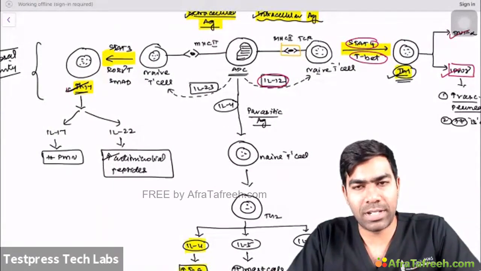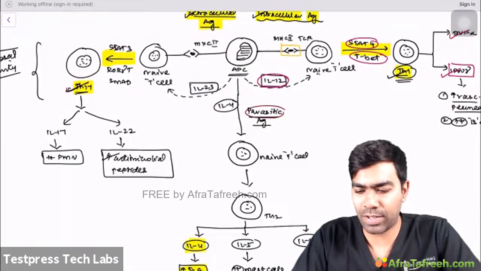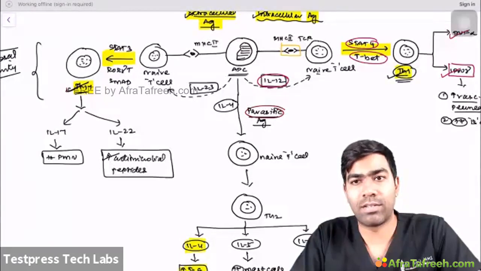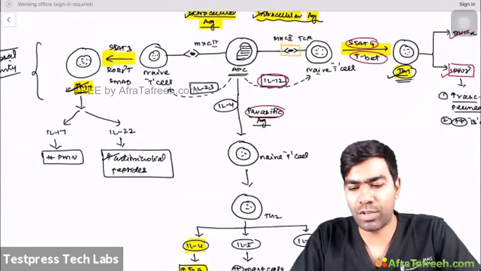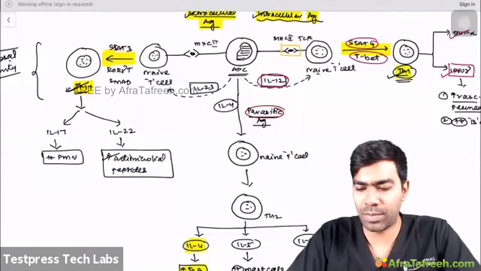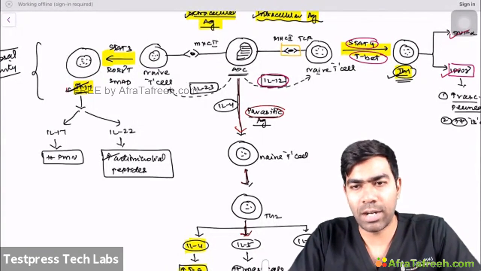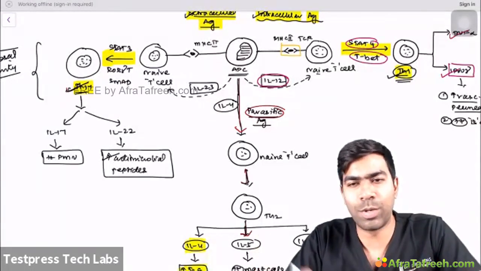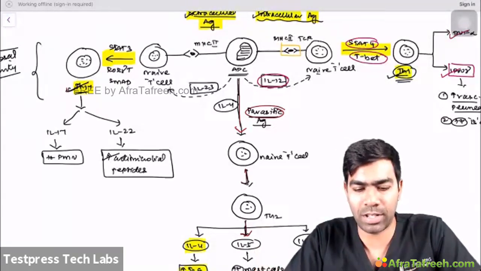So what has been suggested in one paper is that whenever you get childhood parasitic infections, like helminthic infections in children, the majority of your immunological responses will be directed towards the T helper 2 pathway, and there will be little movement of these naive T cells towards the T helper 1 or T helper 17 pathway.